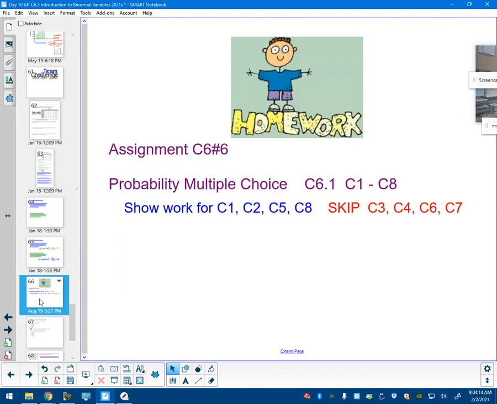The thing I want you to remember is that binomial has a fixed number. You have to know how many trials you're doing ahead of time, and geometric, you go until you get a success. So binomial, there's two things: heads, tails, true, false, right, wrong, left, right, blue, not blue in this case, stuff like that.